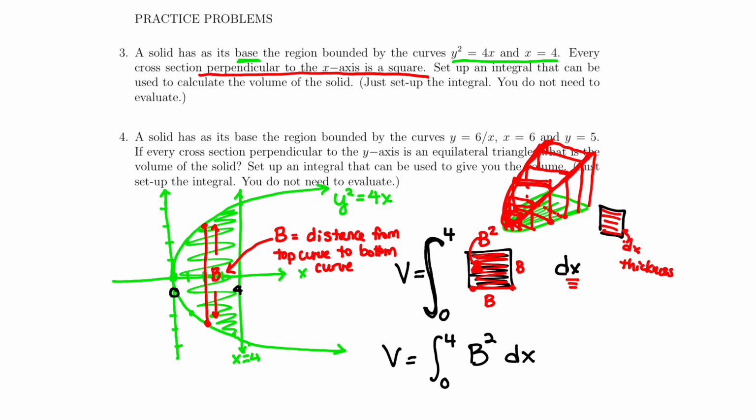And mathematically, we simply take our top curve minus our bottom curve. That's going to be our B value.